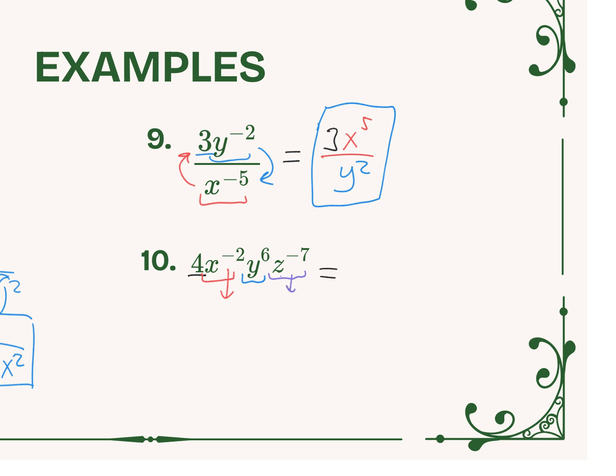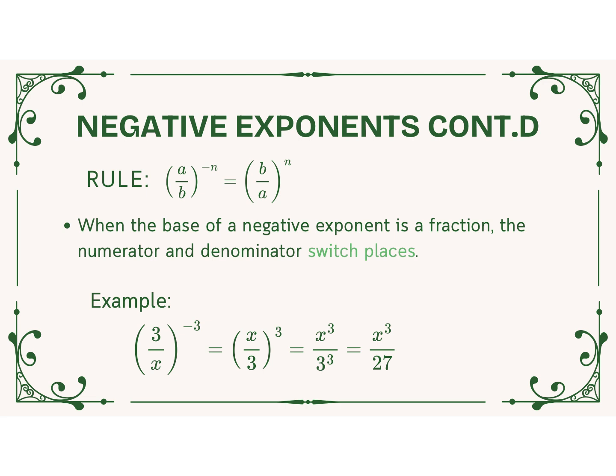So what's on top is just 4 and y to the 6. What's on the bottom is x to the positive 2 and z to the positive 7. And then that's it for that one. We have all positive exponents. This is simplified.